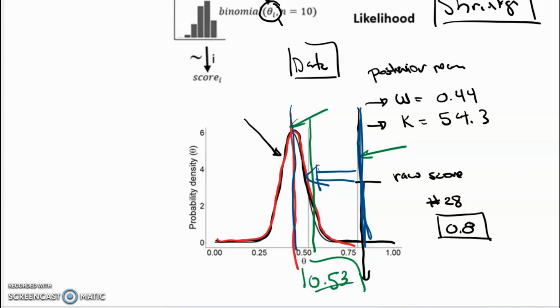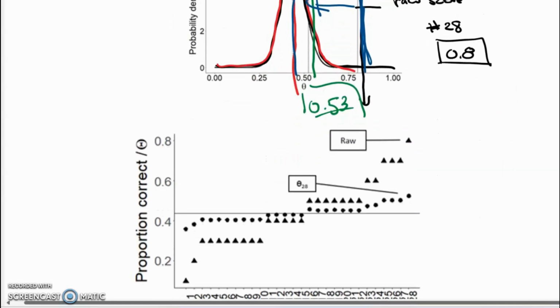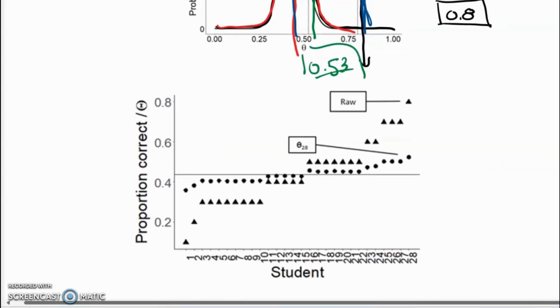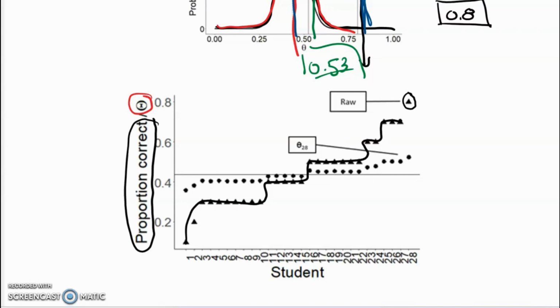So that's why we have these linked phenomena of pooling and shrinkage, and we can see that here for all of the students. So with the triangles, they represent the proportion correct. So these are the raw scores shown here. And theta, those are the values of academic ability, the posterior values of theta generated by runjags.